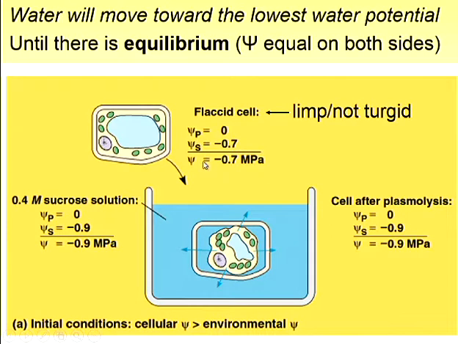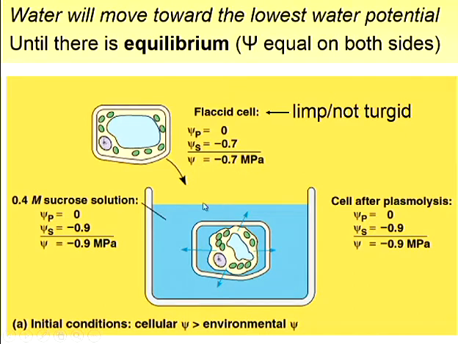If you know 2 of the 3, you can calculate the third. So you may be told a flaccid cell has a water potential of minus 0.7 megapascal. Then you know, aha, flaccid, pressure 0. Water potential equals pressure potential, 0, plus osmotic potential. Therefore, osmotic potential must be minus 0.7.